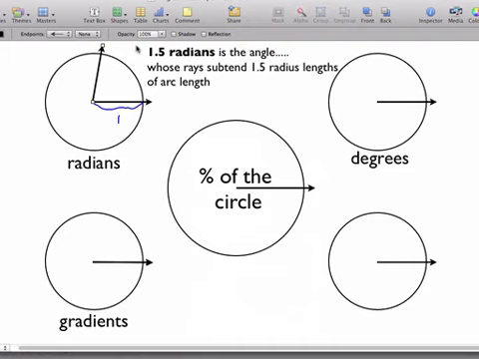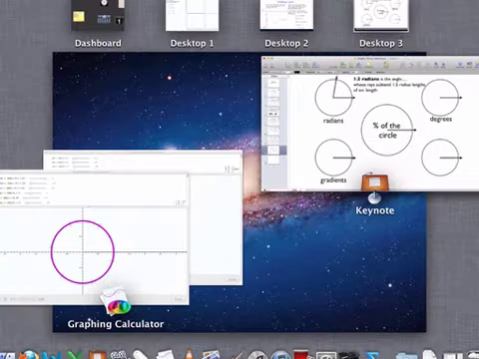Because if that's one radius length right there, then we're saying it's the angle such that this arc length right here is 1.5 times those, 1.5 times whatever that radius is. Okay. So that's a review of the definition.